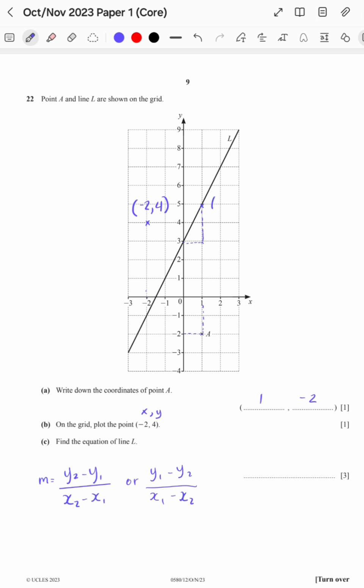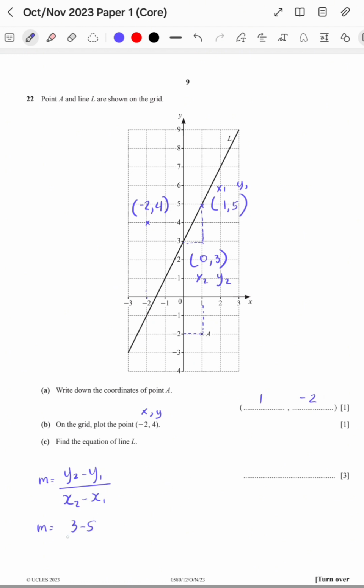So let's try this. This is 1 and 5, and then the second point is 0 and 3. I'll use this as my x1. This is my y1. This is my x2, and this is my y2. So m, or my gradient, is 3 minus 5 divided by 0 minus 1. You can use a calculator so that you get the correct sign.